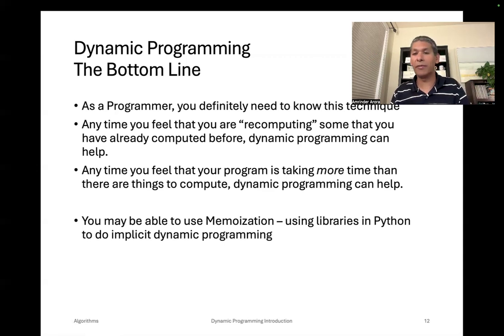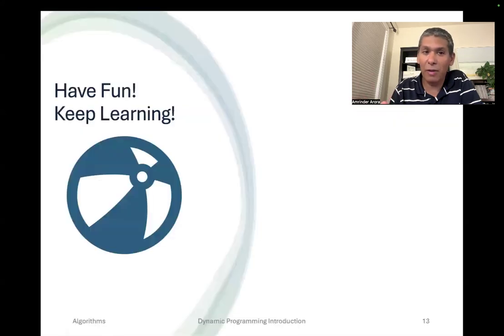So that's a little bit of an implicit way of doing dynamic programming, but as a technique, just try to define your explicit storage so you can use that result again and again. That's dynamic programming for you. Have fun. Keep learning, okay?